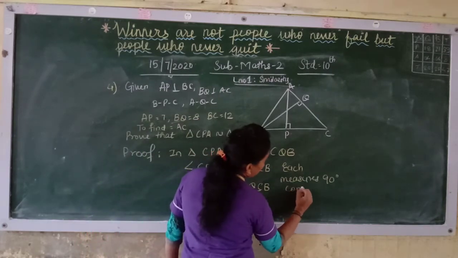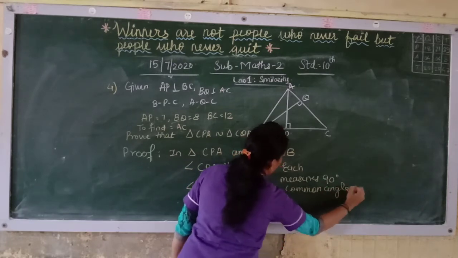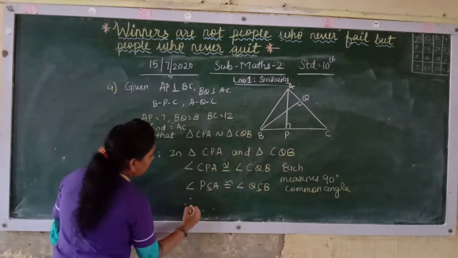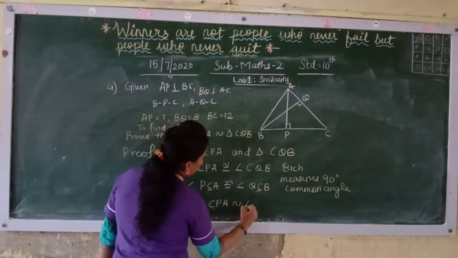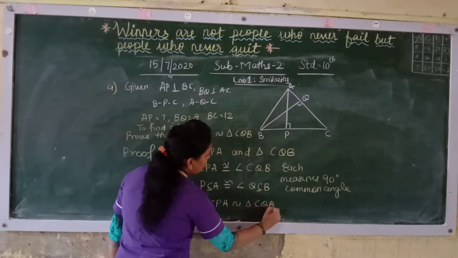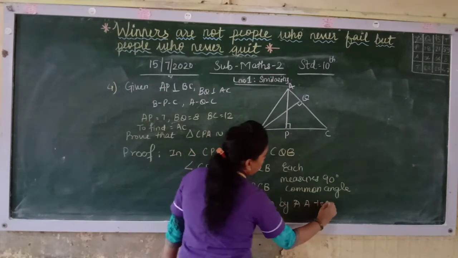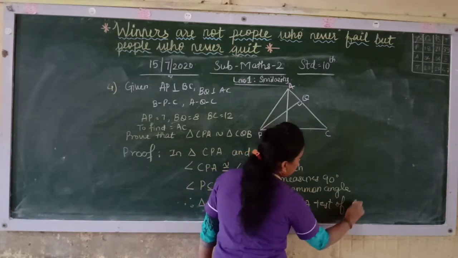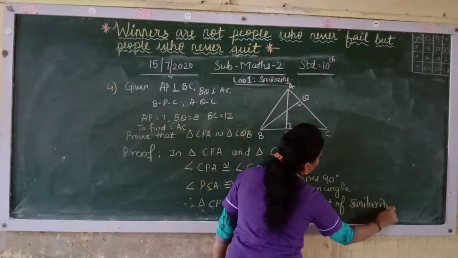So here you can write common angle. Therefore you will get that triangle CPA is similar to triangle CQB by AA test of similarity. So by this you can show that the two triangles are similar.